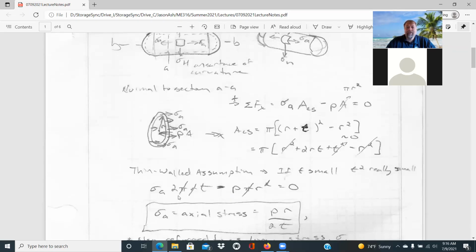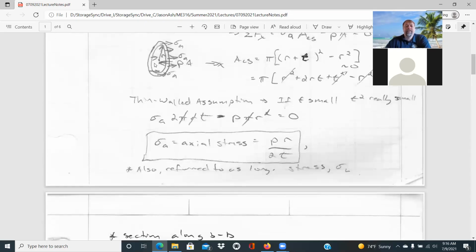And so we have sigma A times 2 pi rt minus the pressure times pi r squared is equal to 0. And when you cancel things on both sides, the pi's will cancel and r will cancel with an r squared to leave us with an r on that side. And we can see that our axial stress is equal to the pressure times the radius, again that's the inner radius, divided by 2 times the wall thickness.